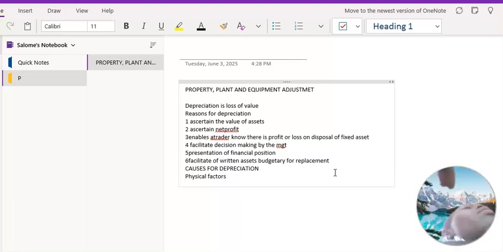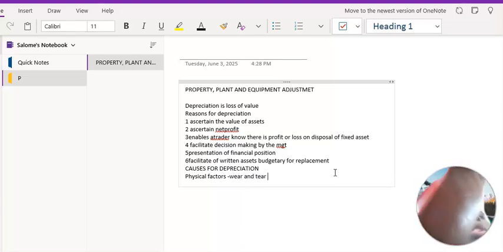When these PPEs or non-current assets are exposed to harsh climatic conditions, they do what we call wear and tear. They lose value. They do depreciate. Another reason is overuse. So wear and tear due to overuse. When you overuse an asset, it loses value.